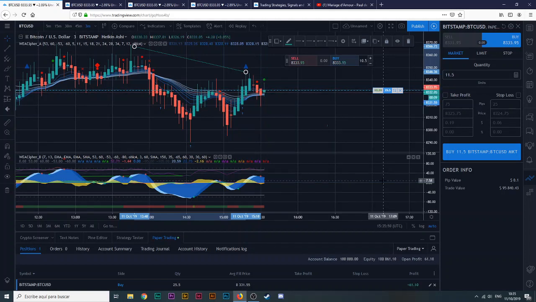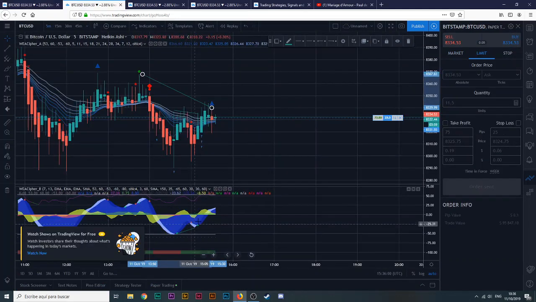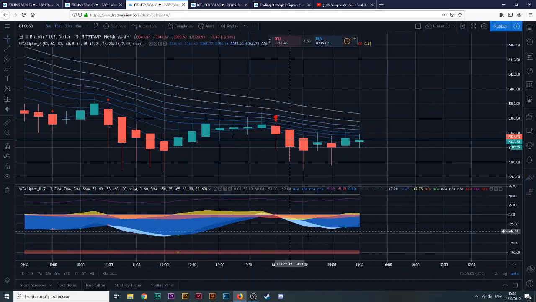I actually bought into the trade earlier when we crossed the line here on the 5-minute, here on the 15-minute. The yellow line has crossed above the zero, so I actually bought in already.